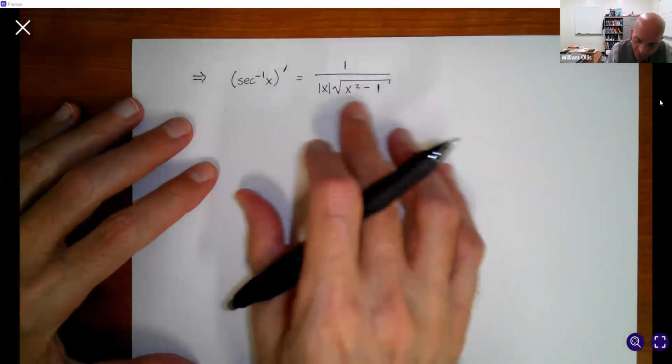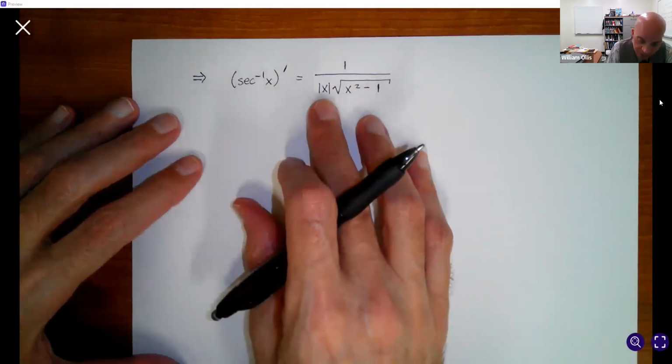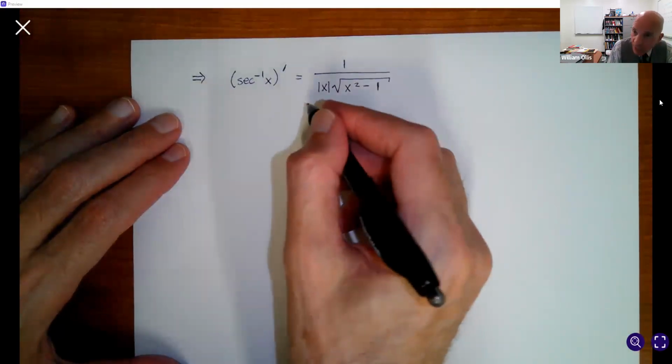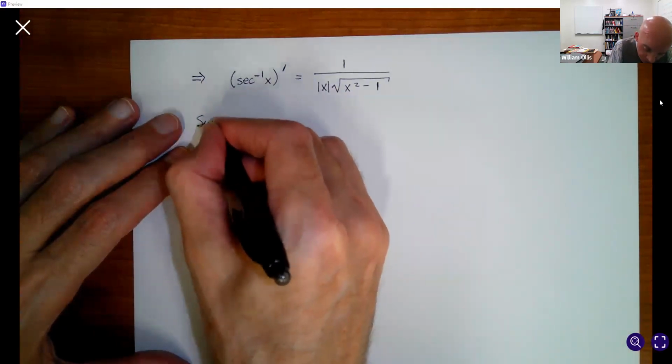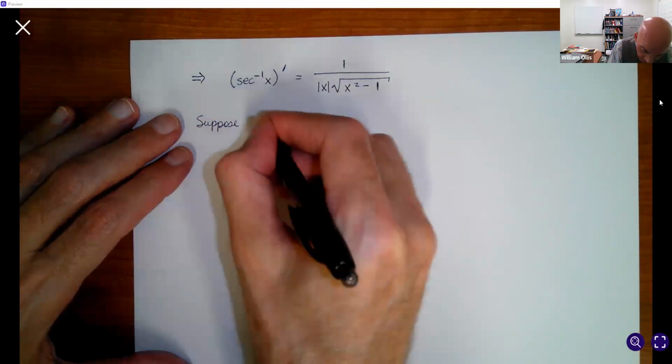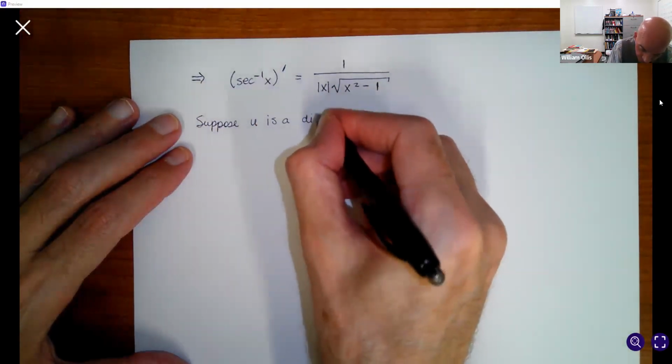So now we have, via the implicit technique, a derivative for the inverse secant. And then, of course, now we can let u be a differentiable function of x. So suppose u is a differentiable function of x.